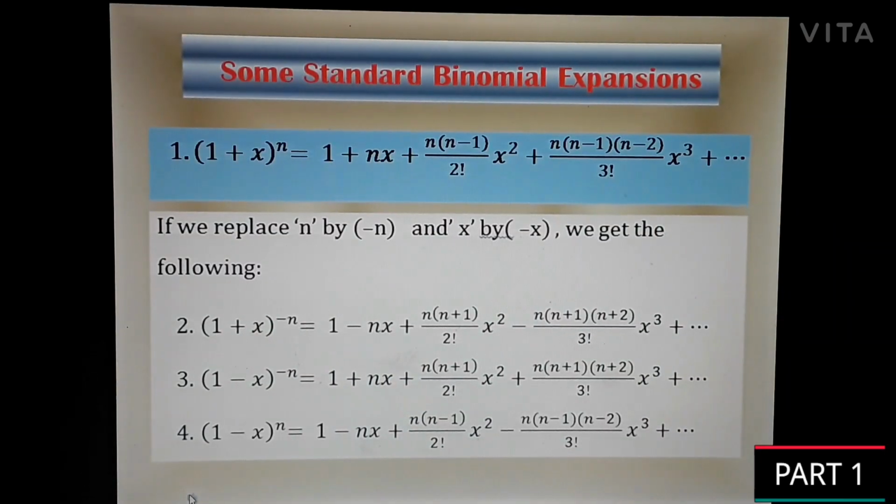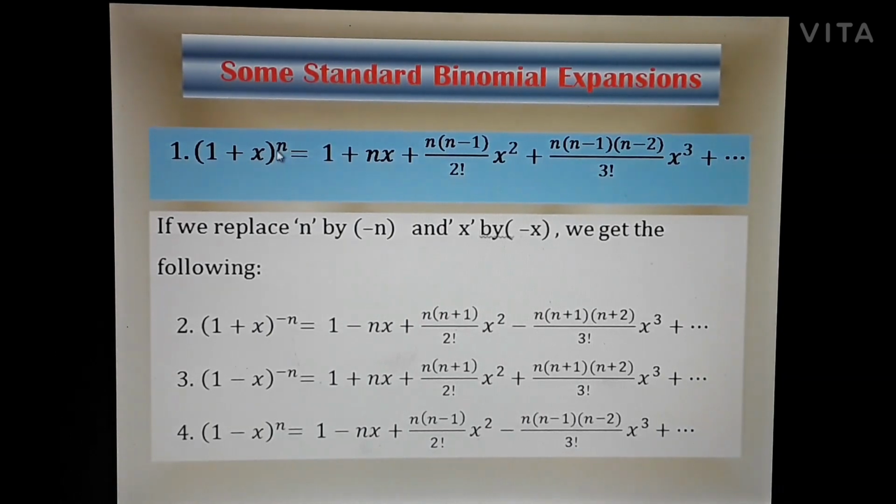Some standard binomial expansions. We take the expansion from binomial theorem, that is the 1 plus x the whole power n expansion, and here we are going to replace n by minus n and x by minus x. Initially we are replacing n by minus n, that is put n is equal to minus n here.